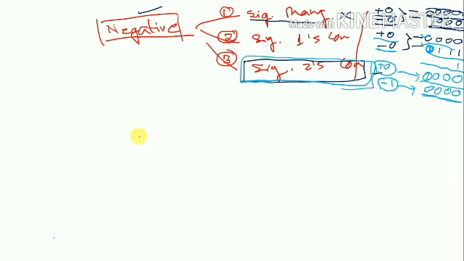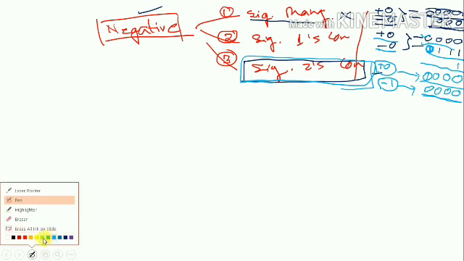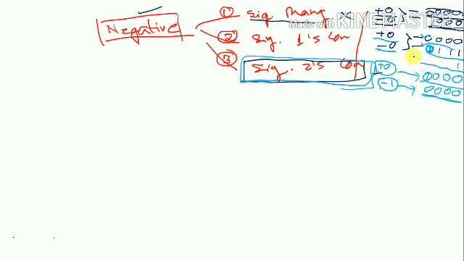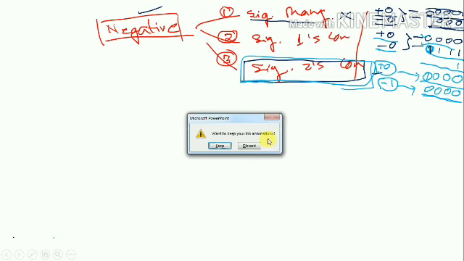Otherwise, in these two representation methods, it will be problematic. Clear? That means the plus 0 and minus 0 will be represented in different ways. This is the reason. So this is the number representation. Okay, signed number.